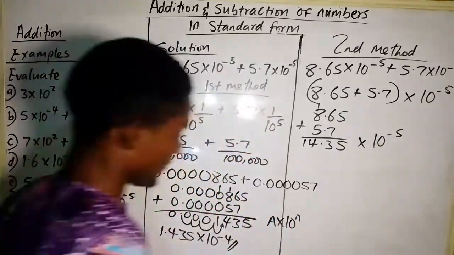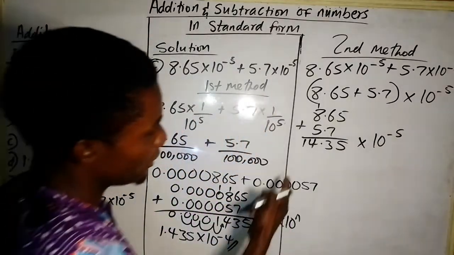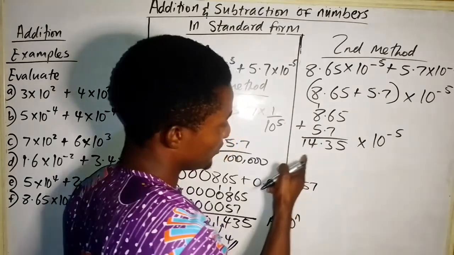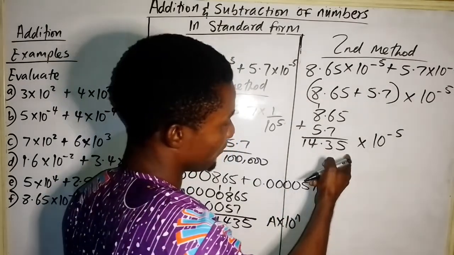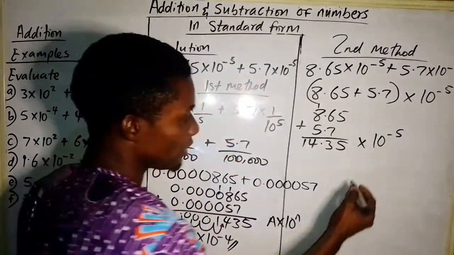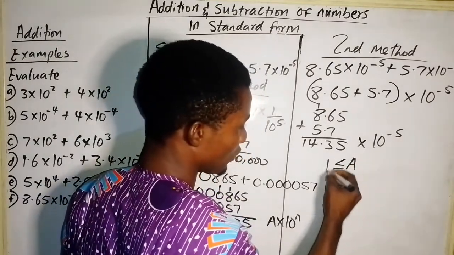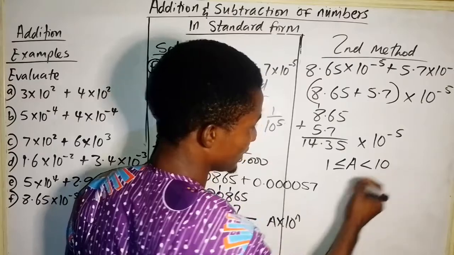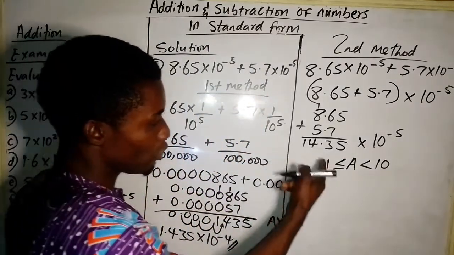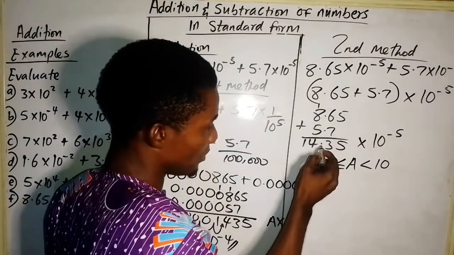Minus 5. Now, this number is not in standard form. This 14.35 is not the standard form because the standard form rule says your coefficient should be what? Greater than or equal to 1 and less than 10, and this is more than 10. So all we need to do is to reduce this number.